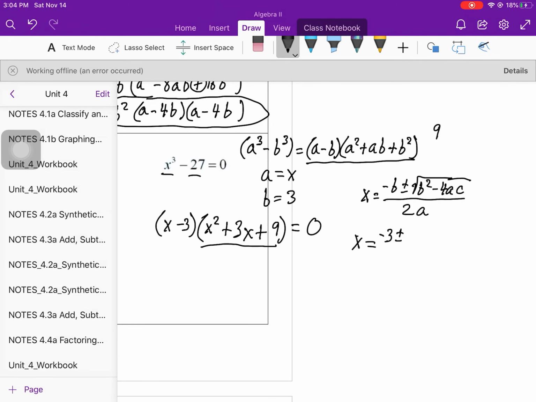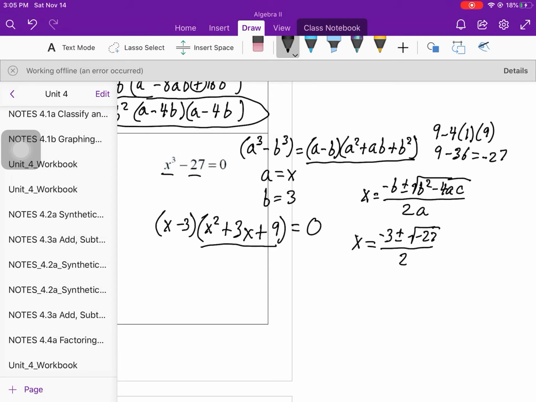So b squared would be 9 because it's 3 squared, minus 4 times 1 times 9. So we get 9 minus 36, and that ends up being negative 27. So we get the square root of negative 27 all over 2 times 1, which is 2.